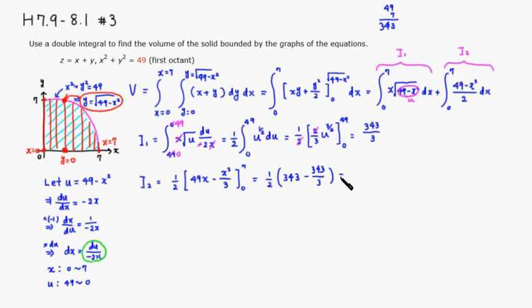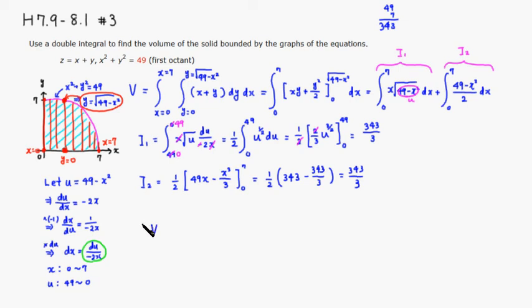So this is going to be 1/2 times 3 times 343 over 3 minus 343 over 3. So it's 2 times 343 over 3, then divide by 2. So this is really 343 over 3.